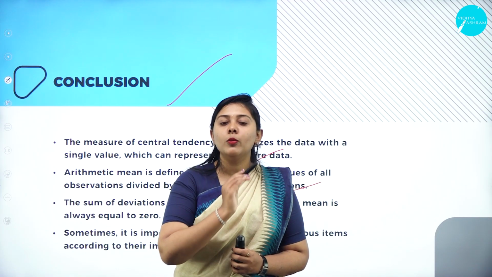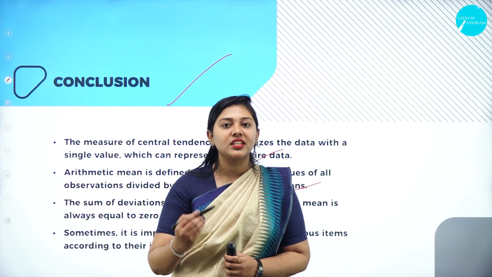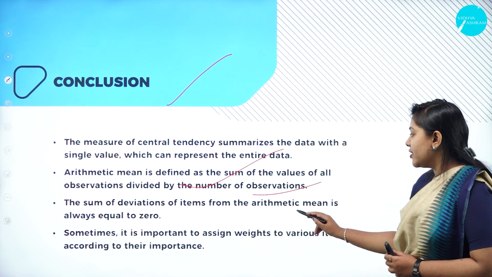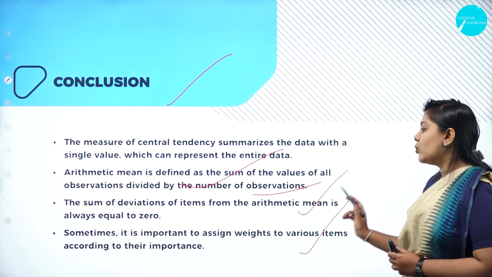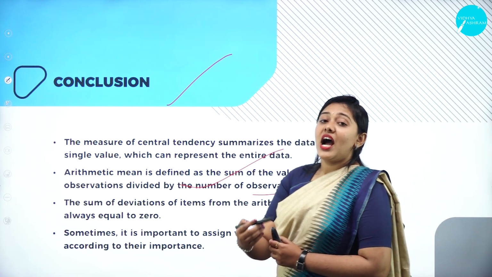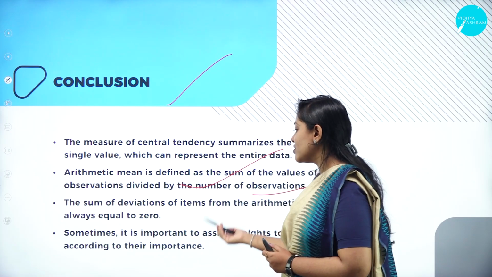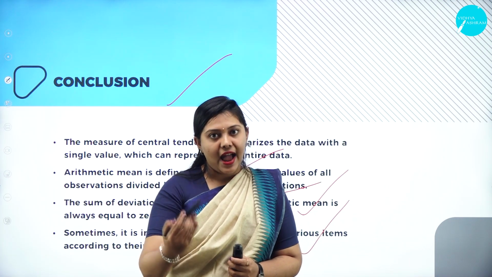Your ungrouped data comes under individual series, and your grouped data comes under discrete and continuous series. Next we discussed arithmetic mean. Sometimes it is important to assign weights. We have also discussed weighted arithmetic mean, because sometimes it is important to know the weight of each average.